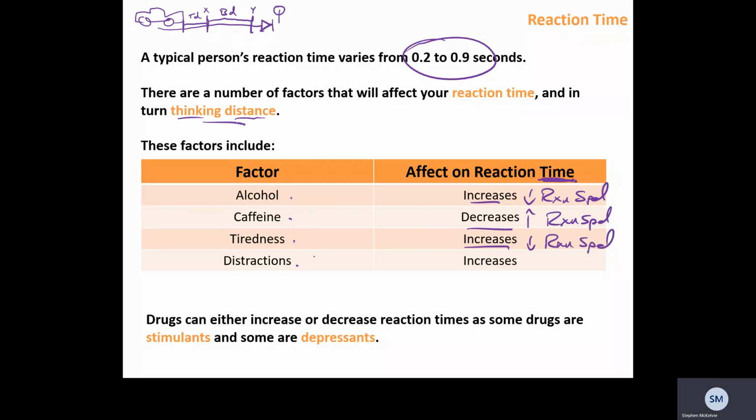And distractions, things like texting, which is a bugbear for me, nobody ever do it, decrease reaction speed because they increase reaction time. Drugs can either increase or decrease reaction times, as some drugs are stimulants and some are depressants. Caffeine is a stimulant, and alcohol is a depressant.